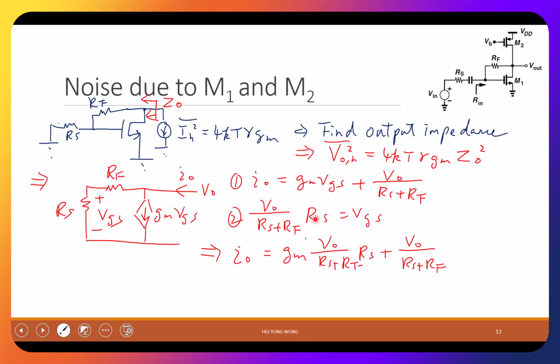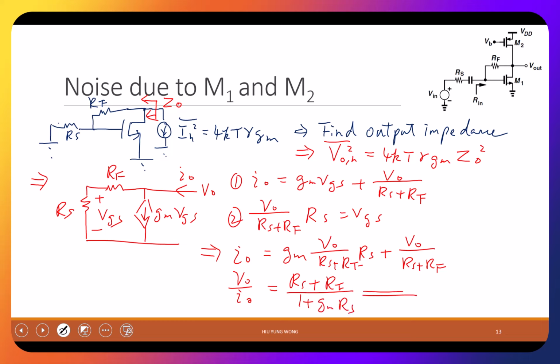I just put this whole thing in as VGS in the first equation, and now I eliminate other variables. So I get V out divided by I out, if you go through the math, equals RS plus RF divided by 1 plus GM RS.